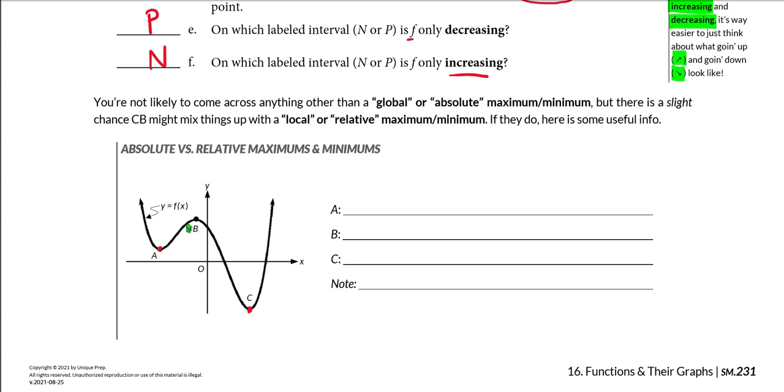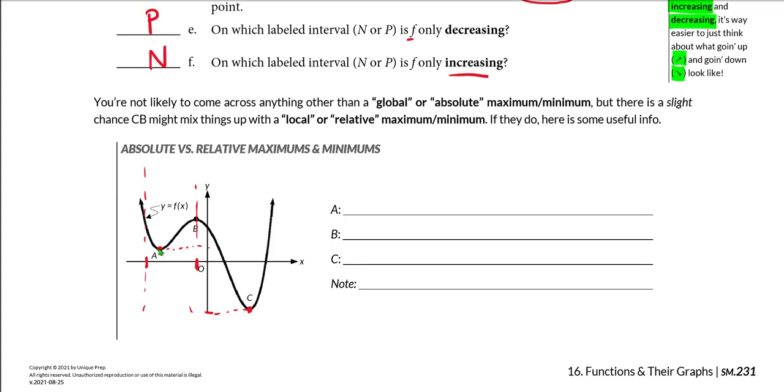They both occur at the bottom of one of these turns. But you can see obviously C has a lower y value than A. So what we might say is that A is a minimum, but only for a certain interval. For instance, let's make an interval. Let's say from whatever this x value is to this x value, A is a minimum for that interval.